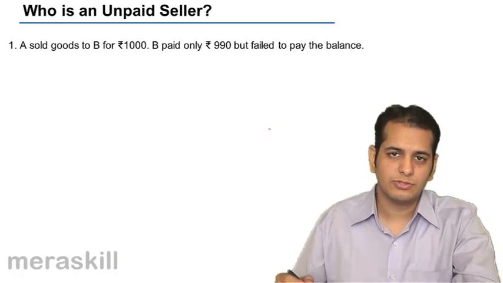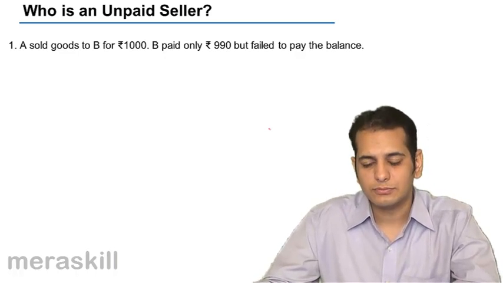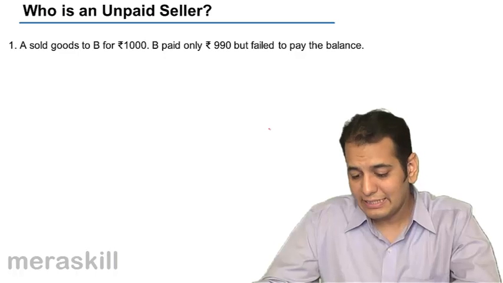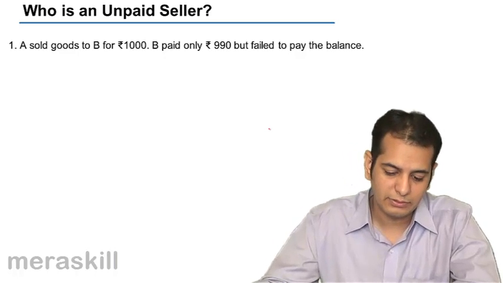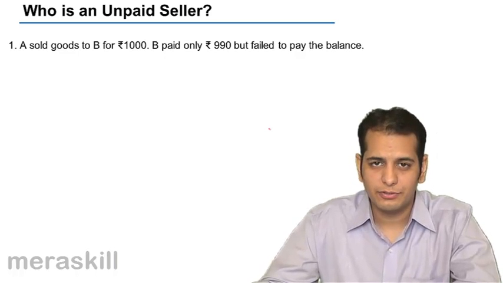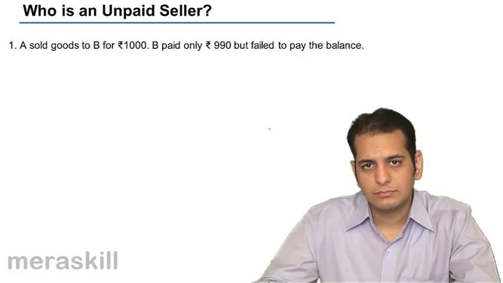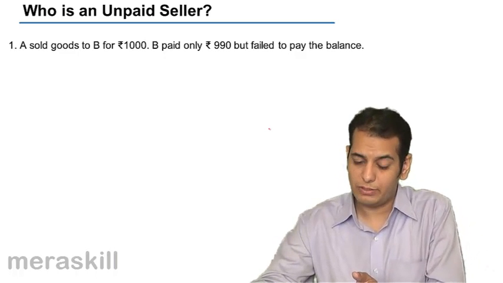with some examples. The first example before you is: A sold goods to B for rupees 1000. B paid only 990 but failed to pay the balance of 10 rupees. So can we say A is an unpaid seller here? Look, he has sold goods of 1000.